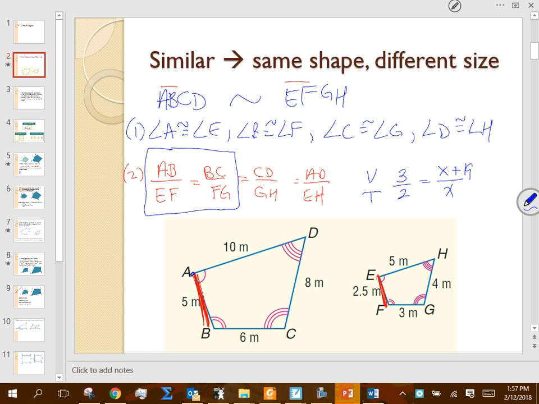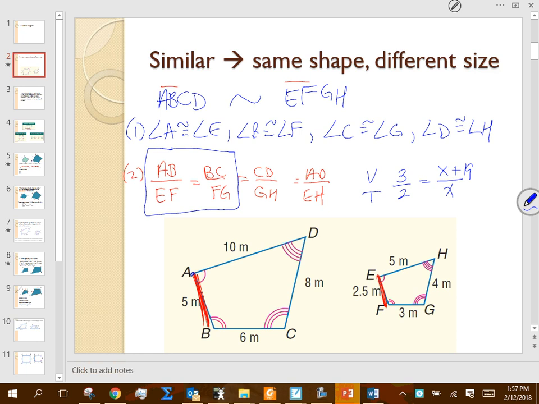Whenever we do problems in this class, this is the way I'm going to present, whether you want to view it this way or not, that's your choice. My numerators are always going to come from the same shape. Is that okay? My denominators are all going to come from the other shape.